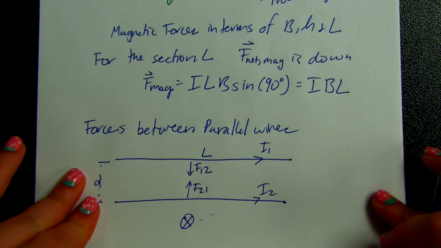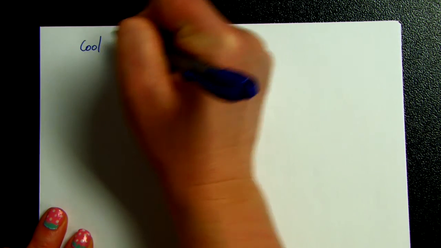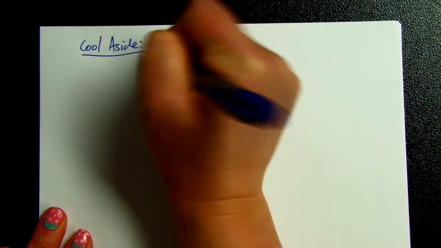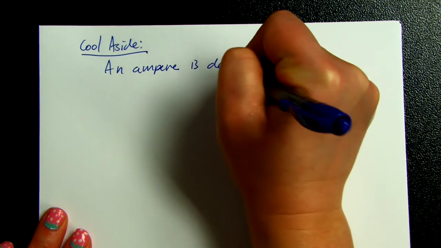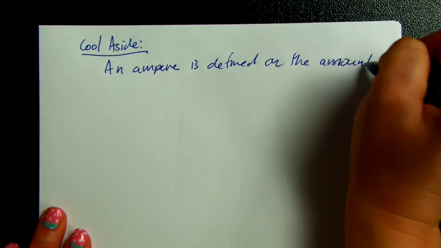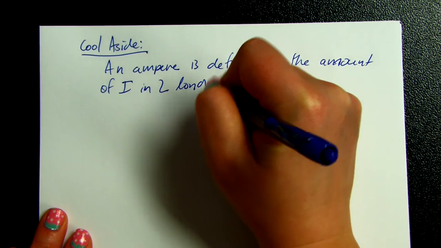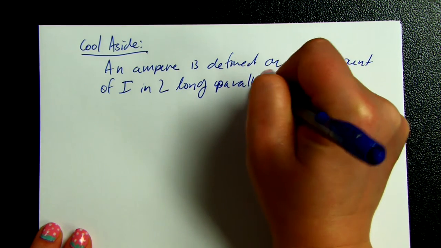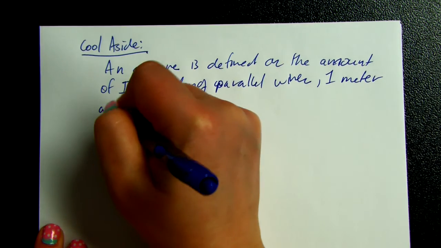So here's what we're going to be analyzing. Before we do that, now is a good time to talk about what an ampere is, because this is relevant. So, cool aside. An ampere is defined as the amount of current in two long parallel wires 1 meter apart.